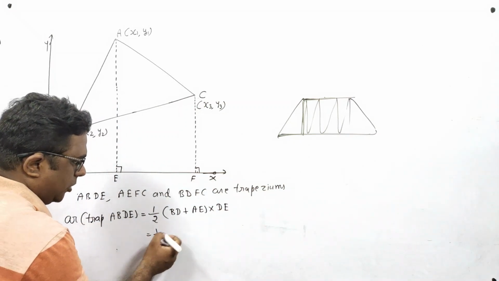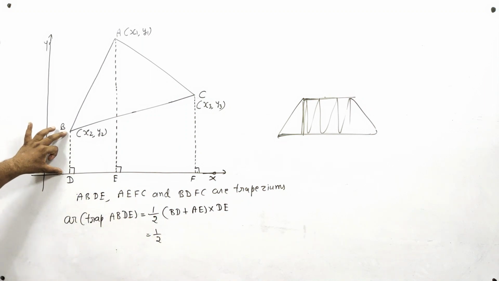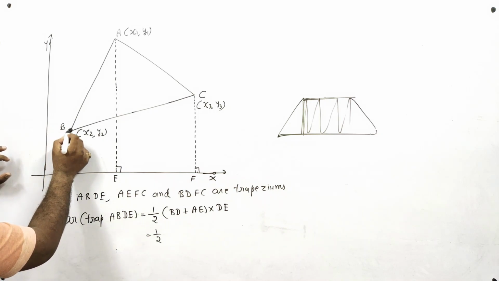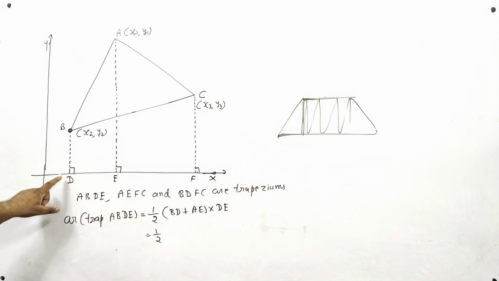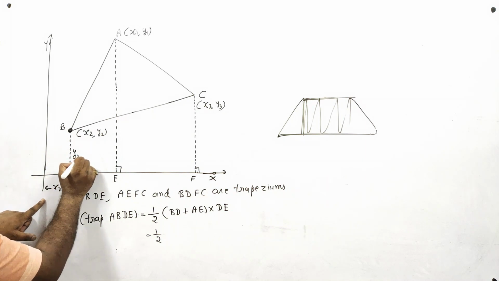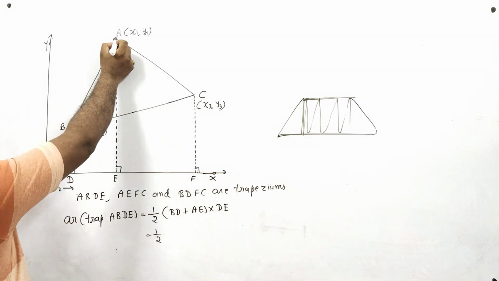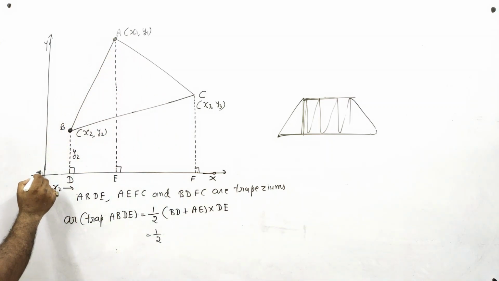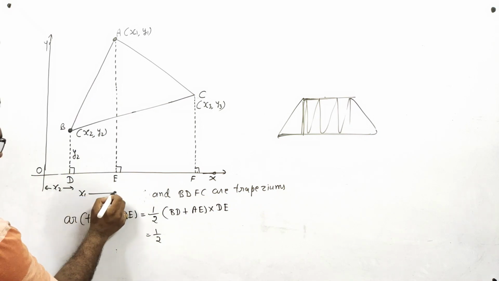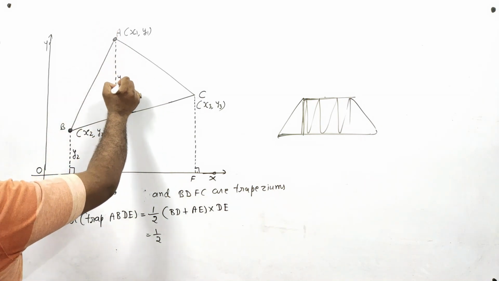Now let us find their values from the figure. First of all, let us find where is BD. So BD is this. Can you tell me what is the value of BD? Actually, the coordinates of this point are x2, y2. So from here till here, it will be x2 obviously, and it will be y2, this thing. In the same way, coordinates of this point are x1, y1. It means from the origin to this point the distance will be x1, and from here till here the total height will be y1.